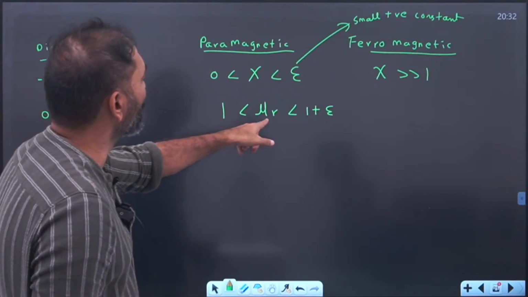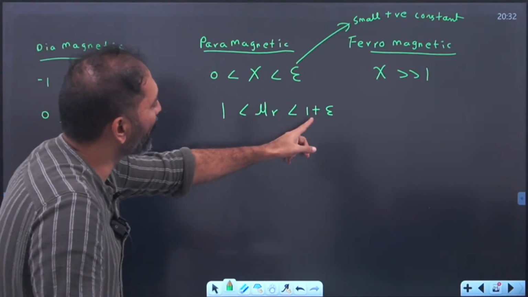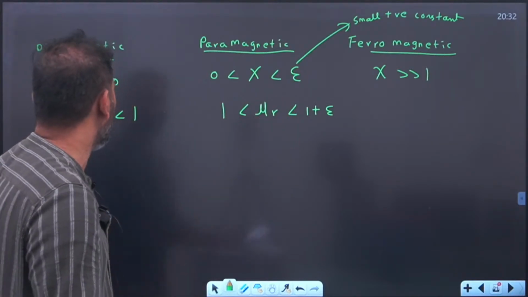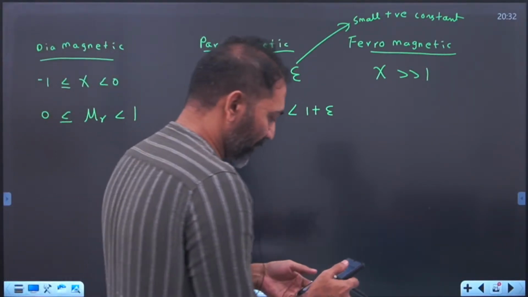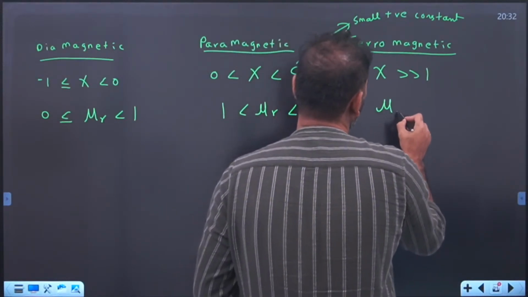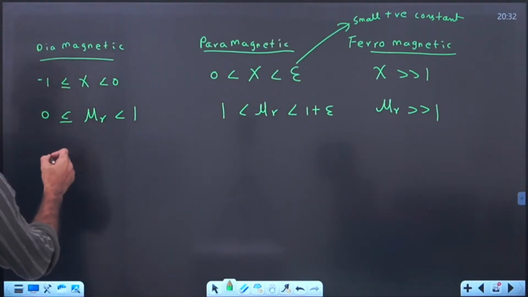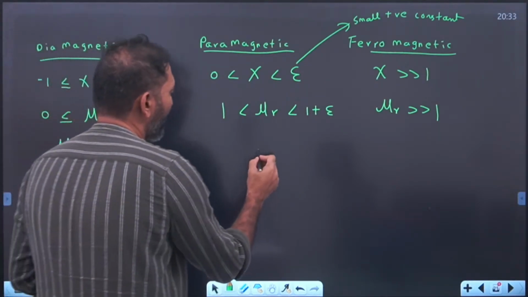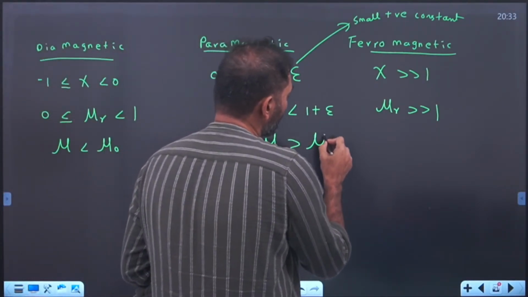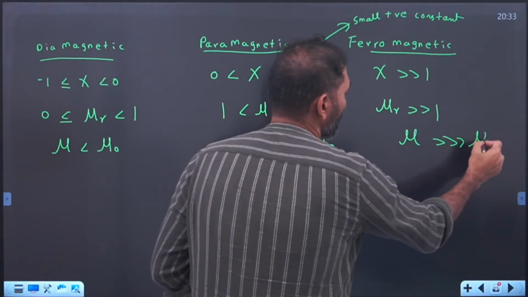For ferromagnetic, mu r is always much greater than 1. Now, for diamagnetic, mu is less than mu 0. For paramagnetic, mu is greater than mu 0, and for ferromagnetic, mu is much greater than mu 0.